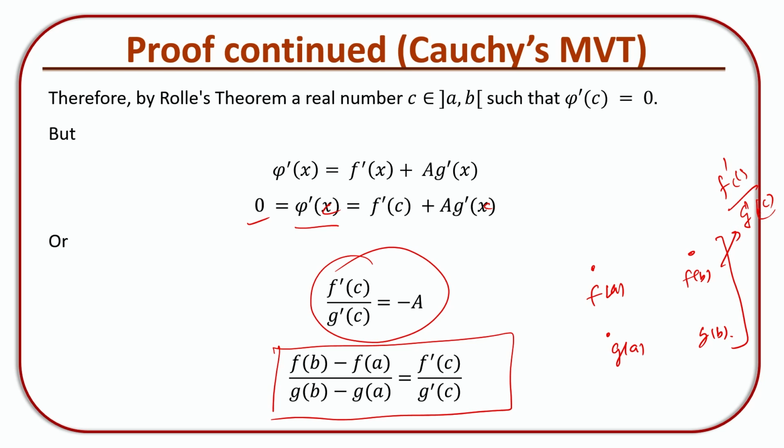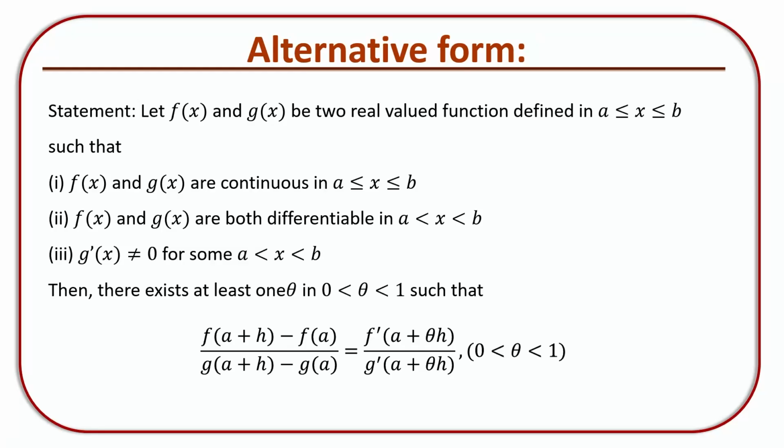We will have another statement for the Cauchy mean value theorem, as we hinted, a statement including theta and h. So, here we are going to give you the statement in detail.